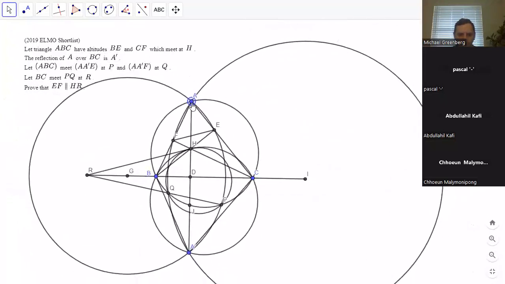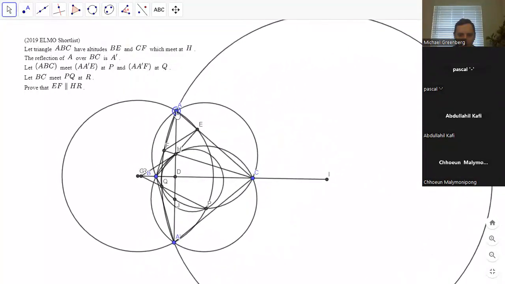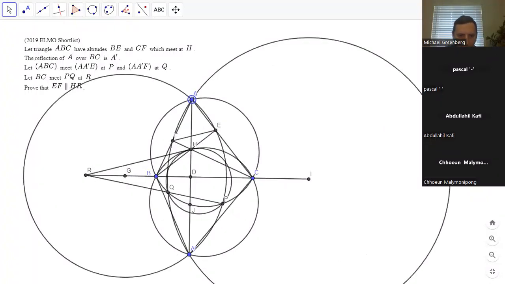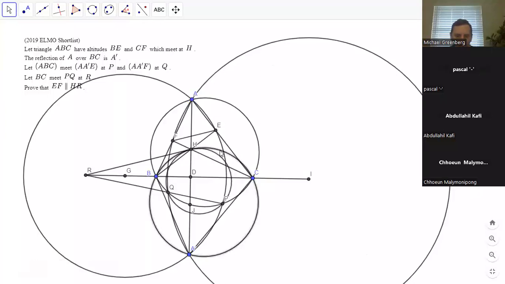Yeah, these circles look tangent. Interesting. So yeah, can we show those are tangent? Because then maybe we could use the radical axis theorem. So we have these two circles, and then we have this circle and this circle, and that's PQ. Yeah. So if we show these are tangent, that would solve the problem. PQH, and BHC.